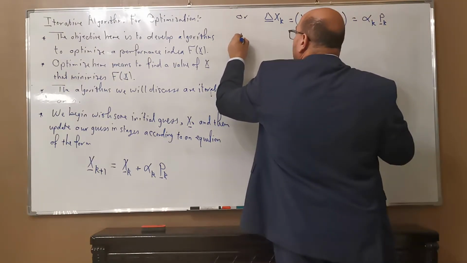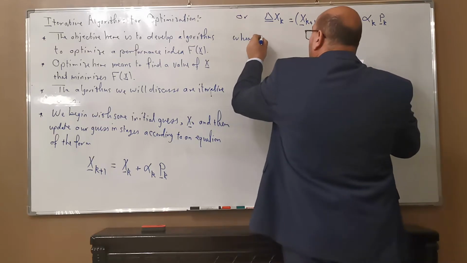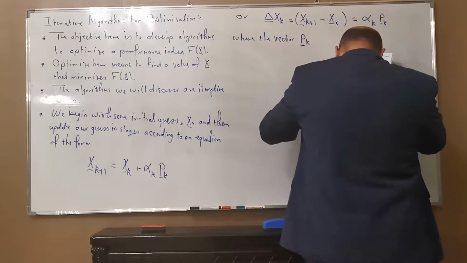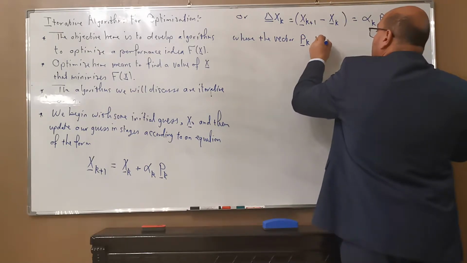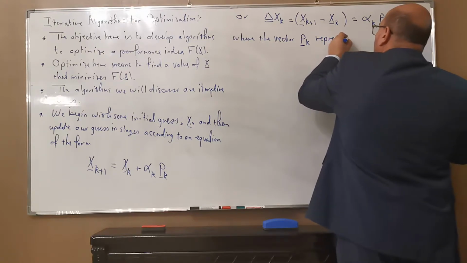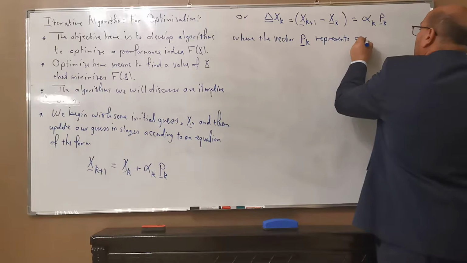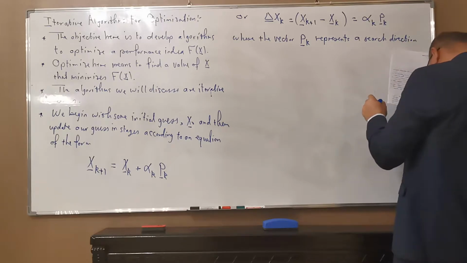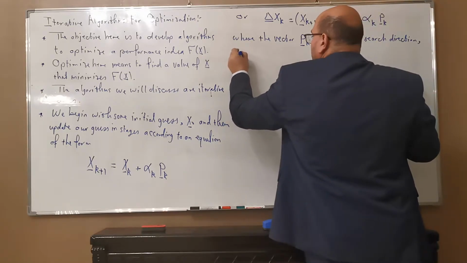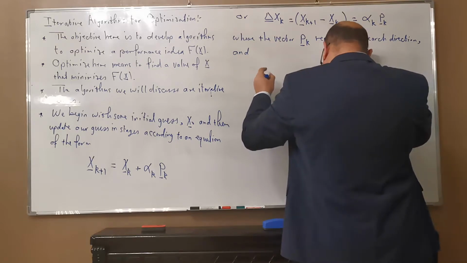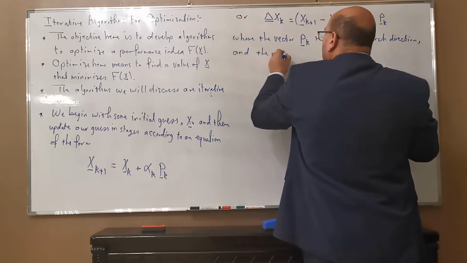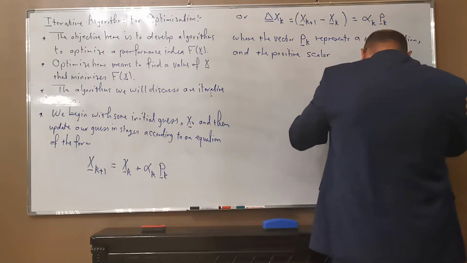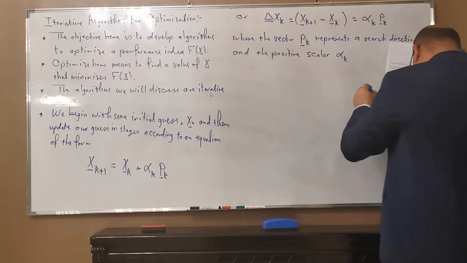where the vector P sub k represents the search direction, and the positive scalar alpha sub k is the learning rate.